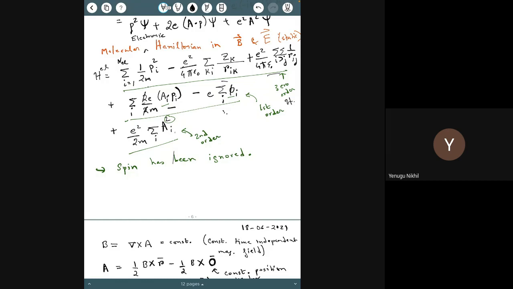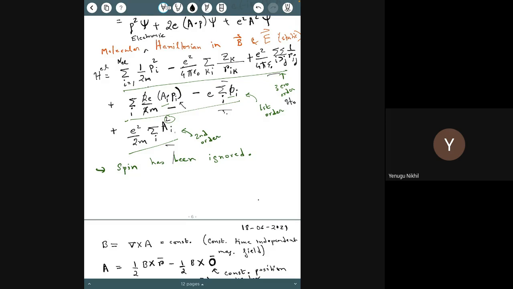Then you have the interaction of the vector potential with the momentum of the electrons. That is a first order term. We've said we're forgetting about the electric field. Then we have a second order term which deals with the square of the vector potential. We haven't included spin here.